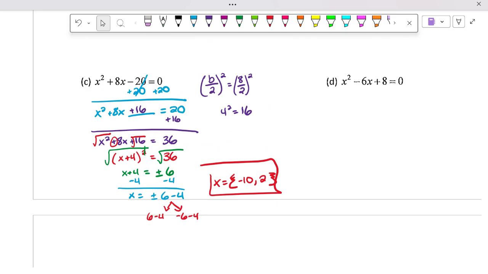But just know that you can solve any quadratic by completing the square. It just gets a little dicey once you get those a values that are not 1. All right. And also if your b value is not even, because we all know that if your b value is not even, that's when fractions come into play. All right.